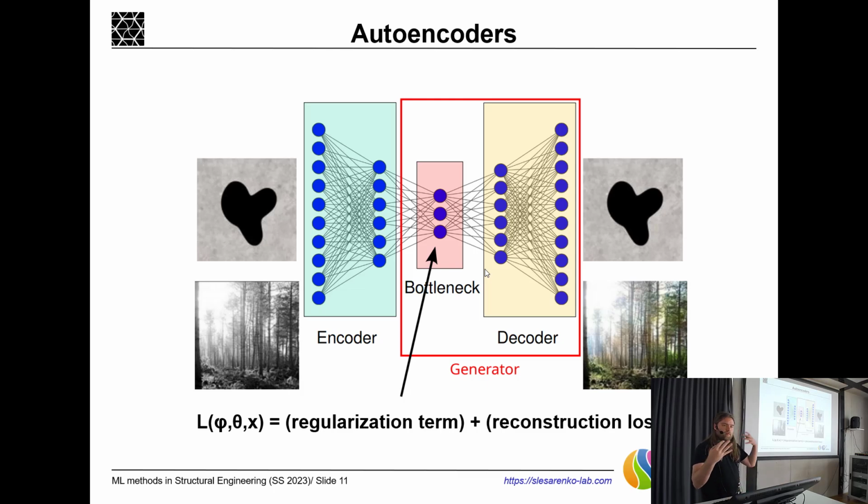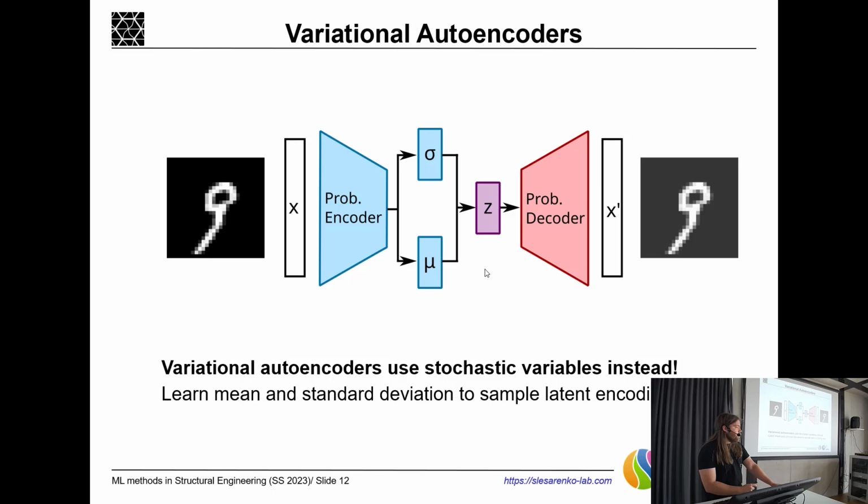We basically want this to be in a certain range and shape. And this leads to something called a variational autoencoder, which is a little bit more complex. The main difference is that we are not using these numeric variables; we're using so-called stochastic variables.